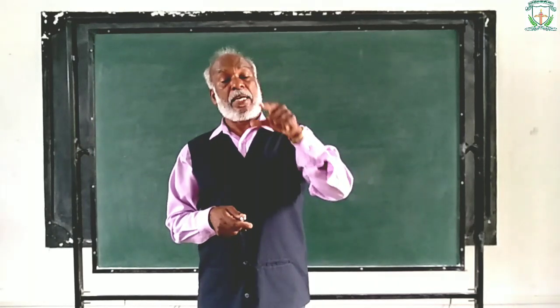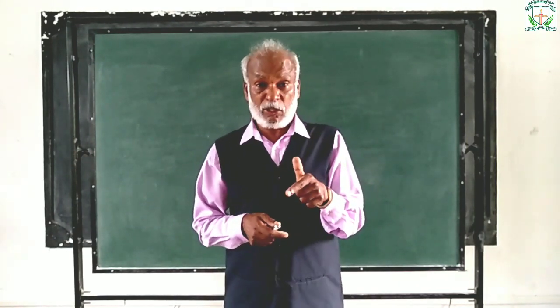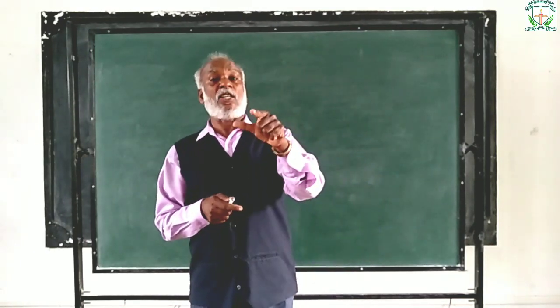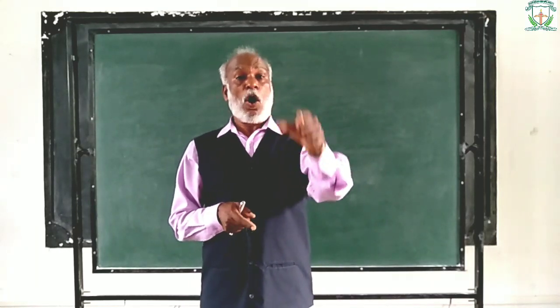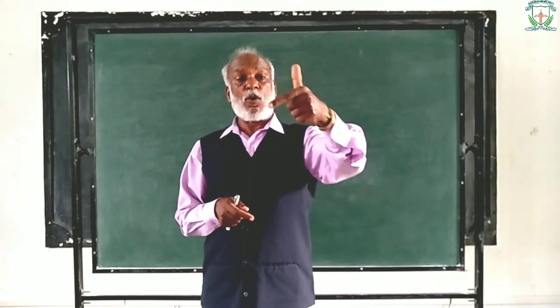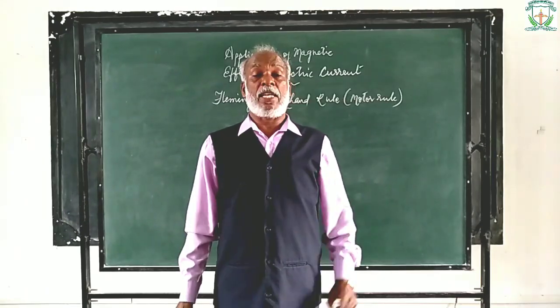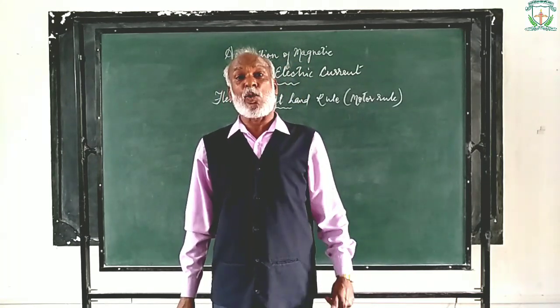A magnet or a current carrying conductor experiences mechanical force in another magnetic field. The direction of the mechanical force can be found using Fleming's left hand rule. Children, now we are going to learn Fleming's left hand rule in detail.